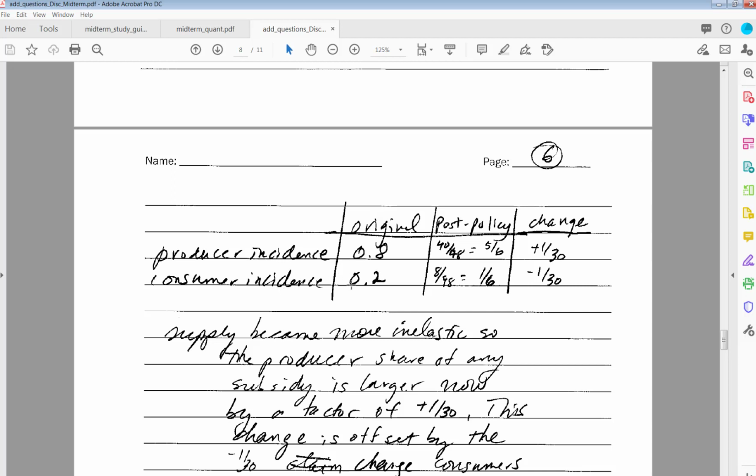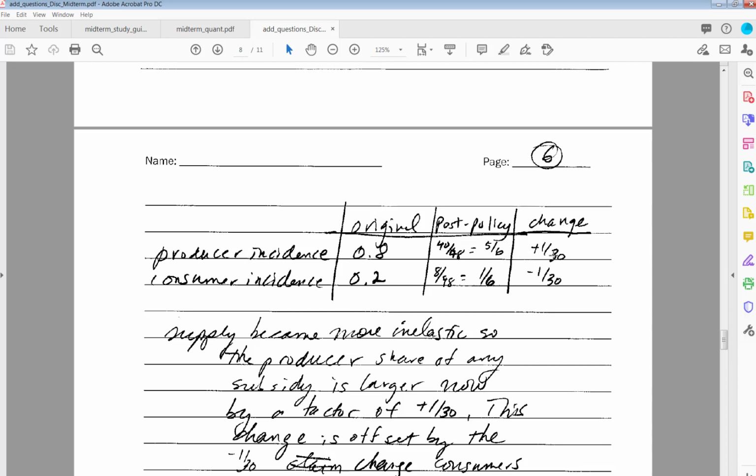The consumer incidence went from 10 over 50 to 8 over 48, or 1 over 6, which is 100 minus 5/6, so 16.6%.